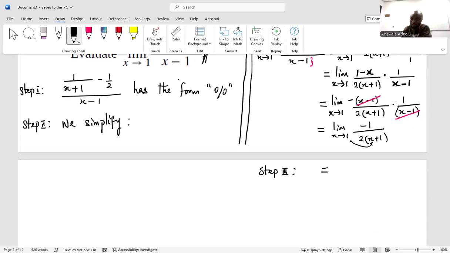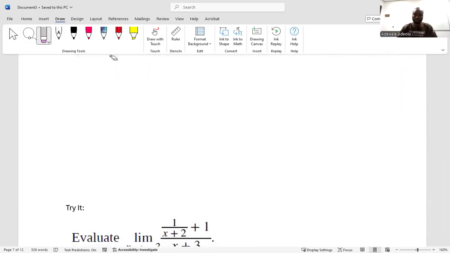So which is negative 1 over 2 into 1 plus 1. So that is minus 1 over 2 times 2 for the answer. So again, once I use my limits, it disappears here. I don't have it there again. Until then, you have to keep on carrying it.